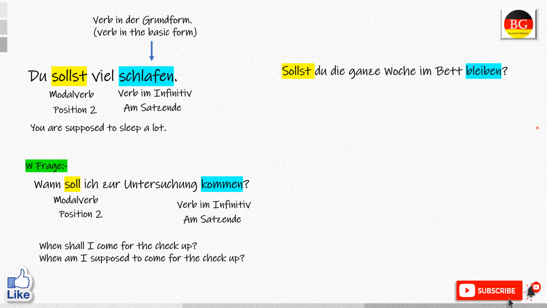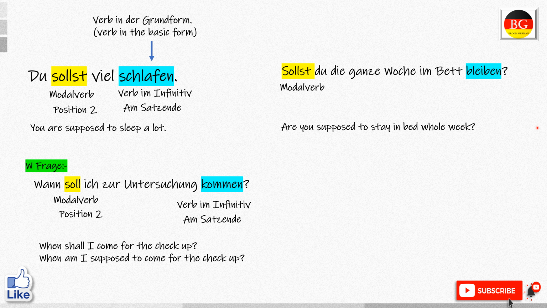Let's see how to frame the Ja-Nein-Frage. Sollst du die ganze Woche im Bett bleiben? Are you supposed to stay in bed the whole week, or should you stay in bed for the whole week?